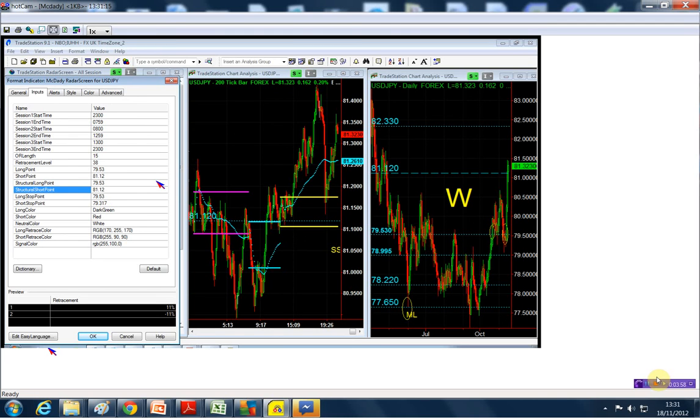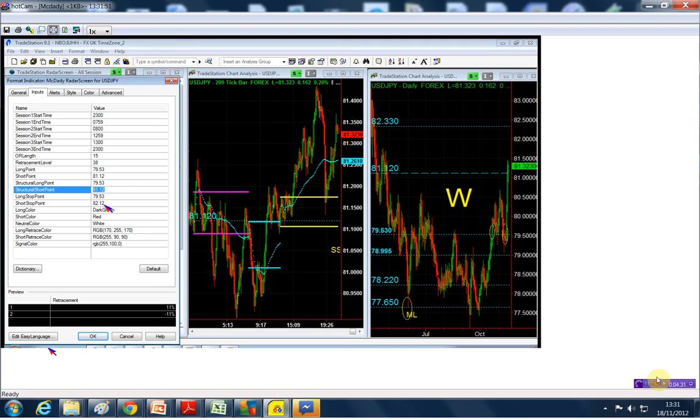For guys that are joining us for the first time, when we have an entry point based upon the structural point, this is primarily the entry. We're going short below the 81.12. That is the primary entry, going below that structural point. It is the same as our stop because we're just 20 pips away. If it breaks below the 81.12, this thing should capitulate.